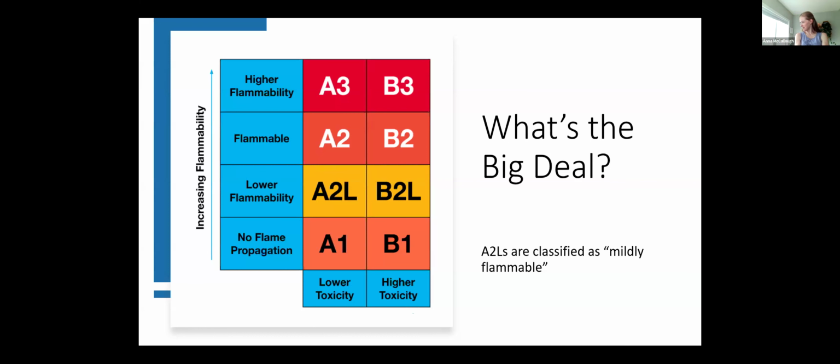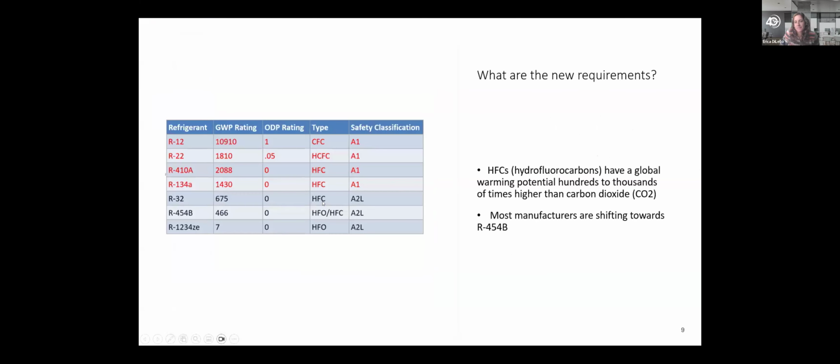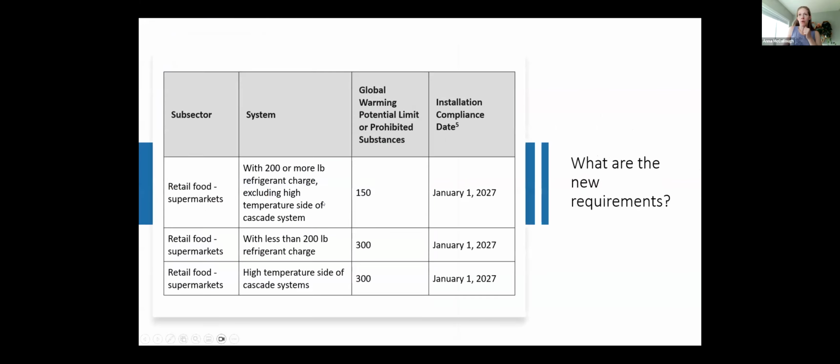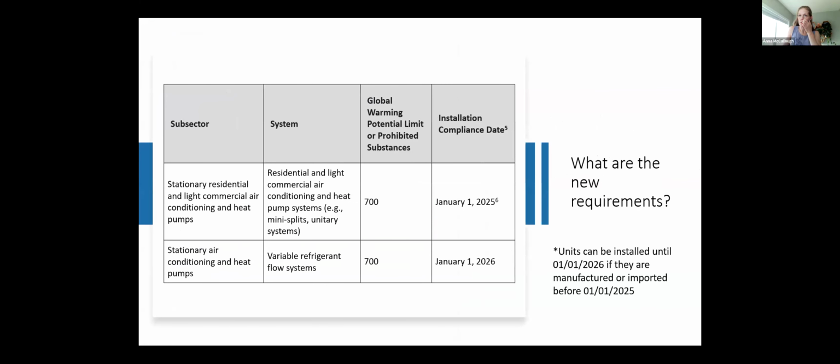Yeah, exactly. Okay, I've got a question in the chat. Can you provide us code references for all of this? Is it for residential or commercial? I believe this is for commercial, correct? Yeah. Small residential equipment will also be impacted by these requirements. You'll see stationary residential and light commercial air conditioning and heat pumps are listed here.